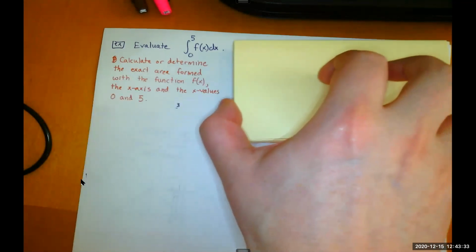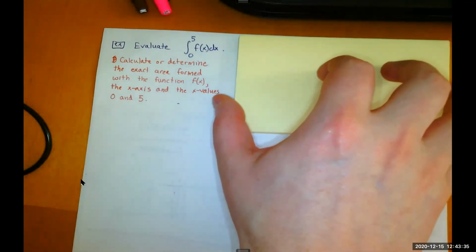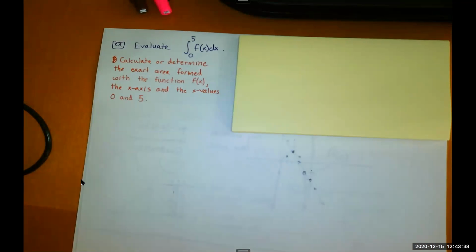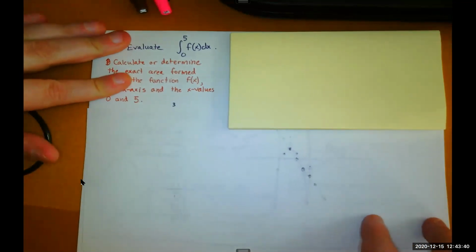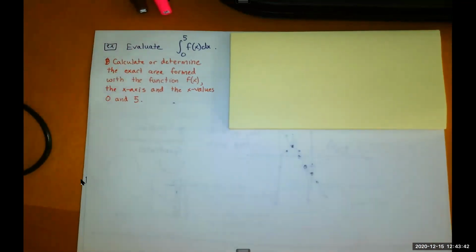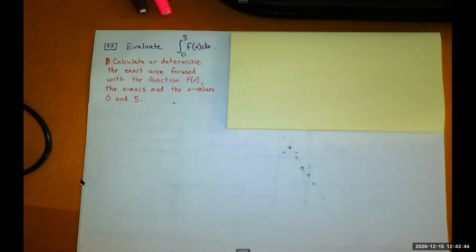And this is why math is both glorious and sucks. It's glorious when it makes sense. So those symbols and words right here expand into this idea. We're going to calculate or determine the exact area formed with the function f of x, the x-axis, and the x values 0 and 5.